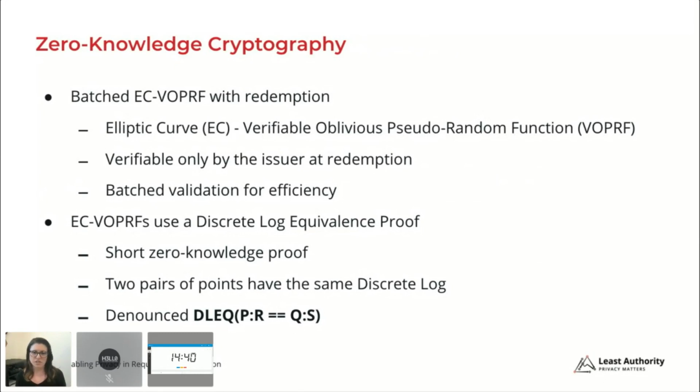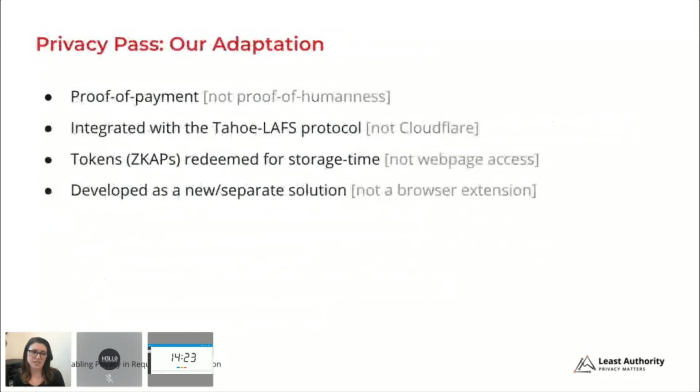And these use a discrete log equivalence proof, and this is a short zero-knowledge proof in which two pairs of points have the same discrete log, and there's an equation for those of you who understand that. So yeah, it's really great that we can use zero-knowledge proofs. This gives us this concept of keeping this data separated, but being able to prove something.